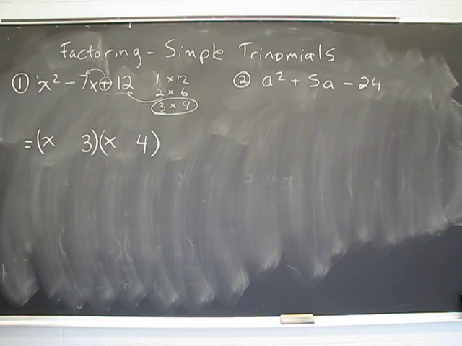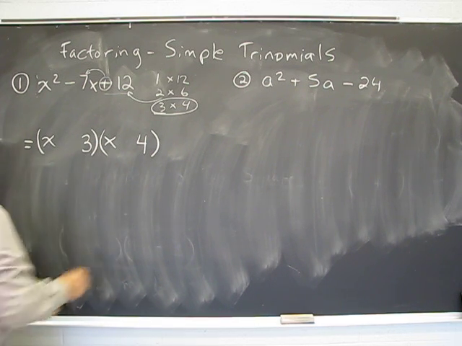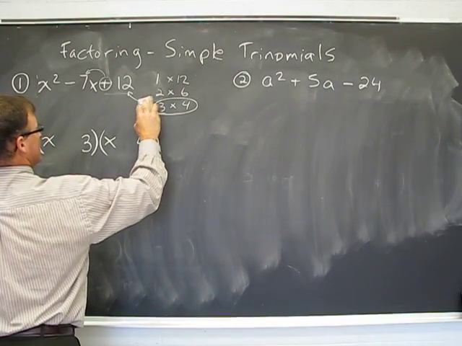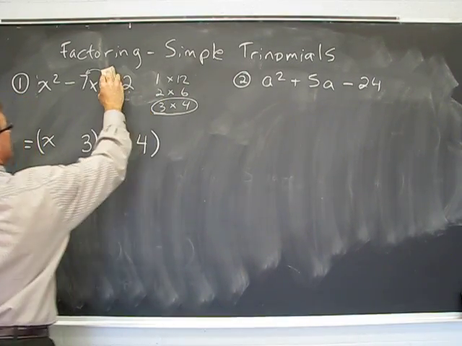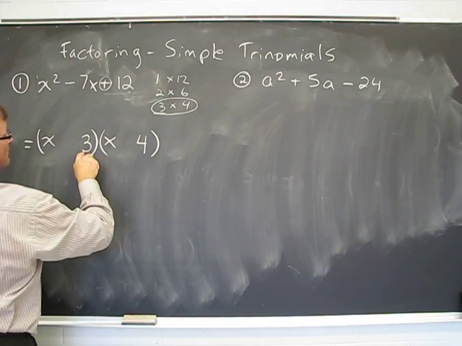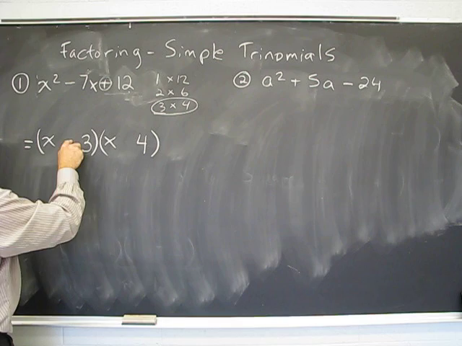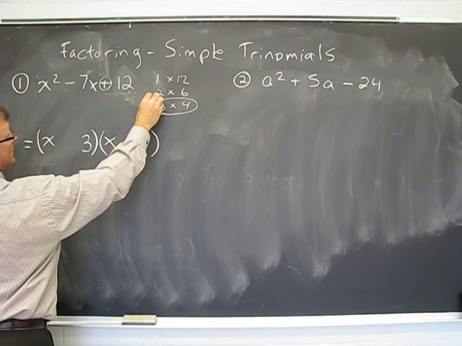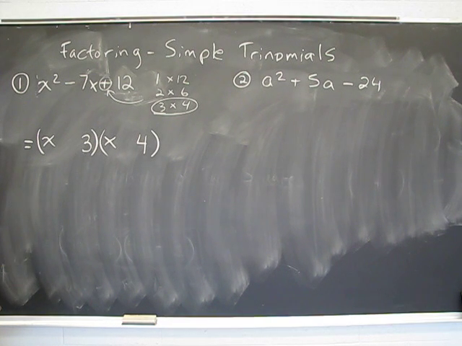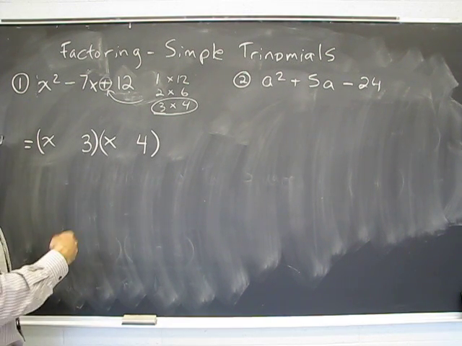We're halfway through the answer. The second time through, from the back, I have my 3 and my 4, and I need to find the signs that are going to go on here. I look at this and I say, the sign is a plus, which means the multiplication is either a plus times a plus or a minus times a minus.